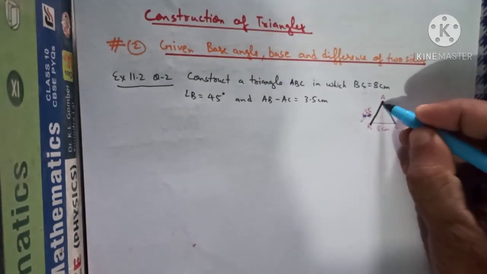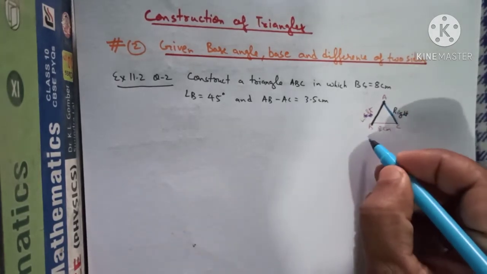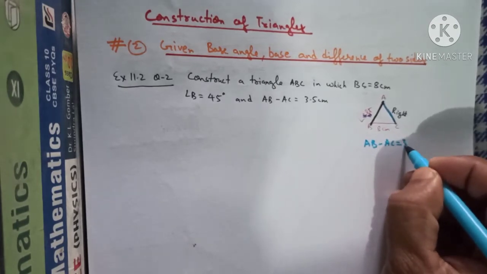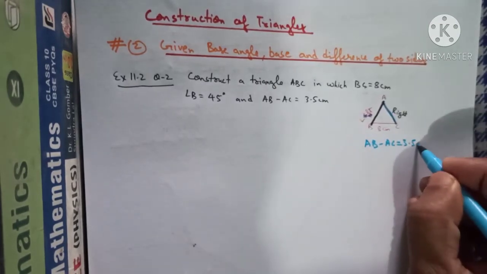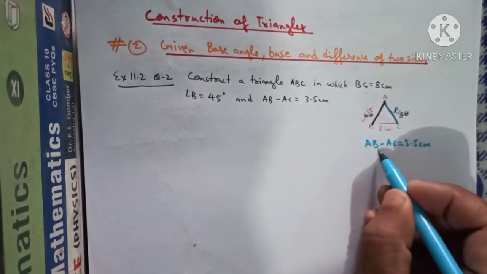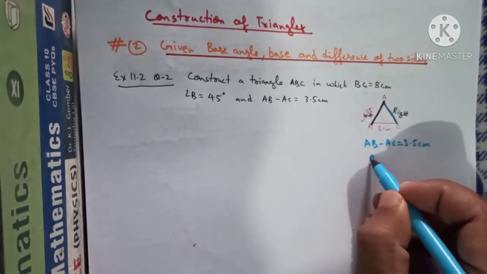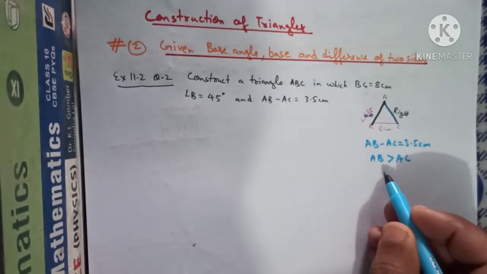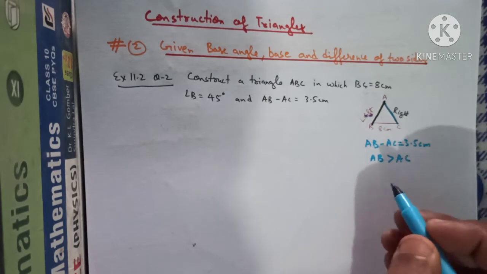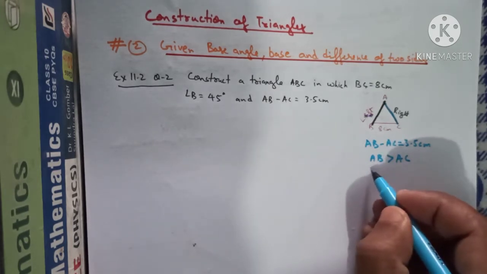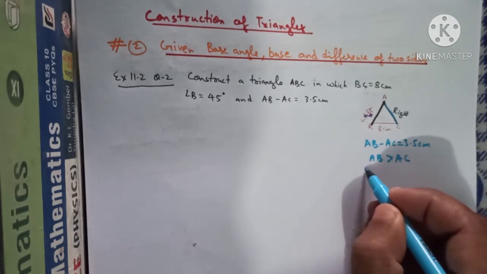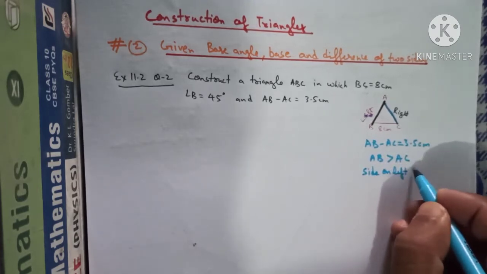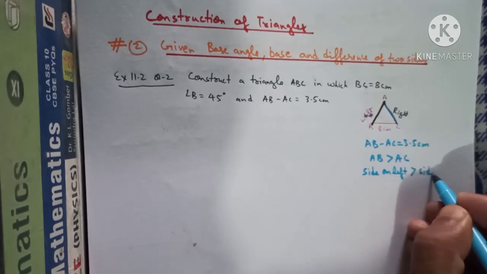So one thing to note over here is that given that AB minus AC is equal to 3.5 centimeter, that means the side AB must be greater than the side AC. That means we can say that the side on left is greater than the side on right.